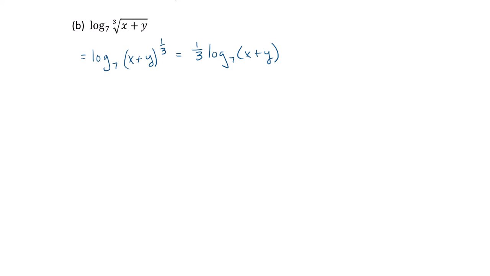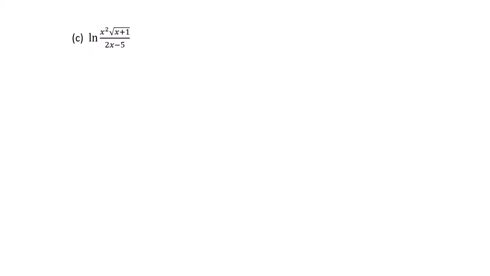Now we don't have any more things to do. We don't have products or quotients in the argument, and we took care of the exponent on the argument. So we're finished. Here I have the natural log of x squared times the square root of x plus 1 over 2x minus 5. So we could start here by rewriting that square root as (x plus 1) to the 1/2, and then I have my 2x minus 5 in the denominator.